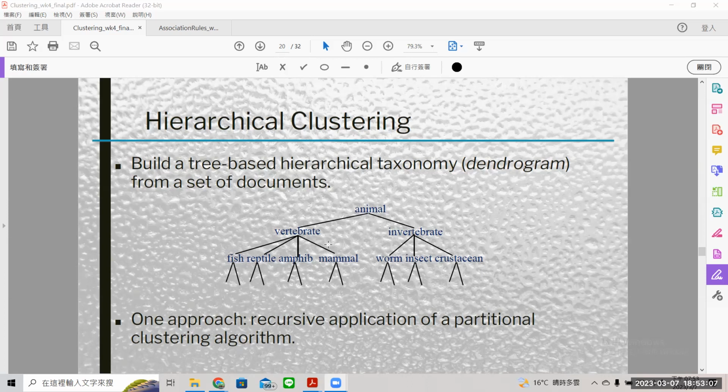Animals could be classified into vertebrate or invertebrate, right? For vertebrates you find fish and more, and in invertebrates, maybe you find worms, insects, something like that. So when, and in what case, will we use hierarchical clustering?